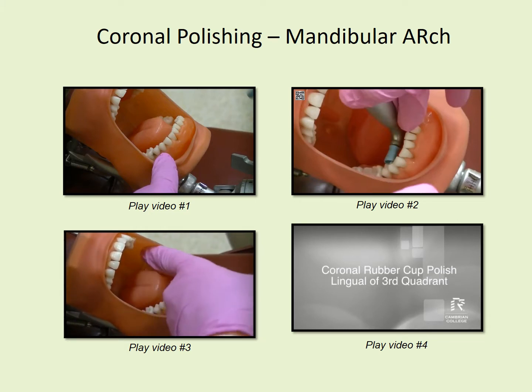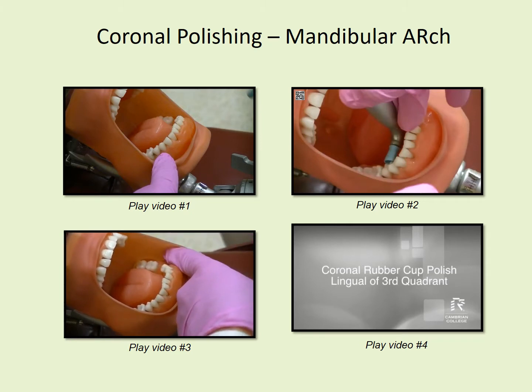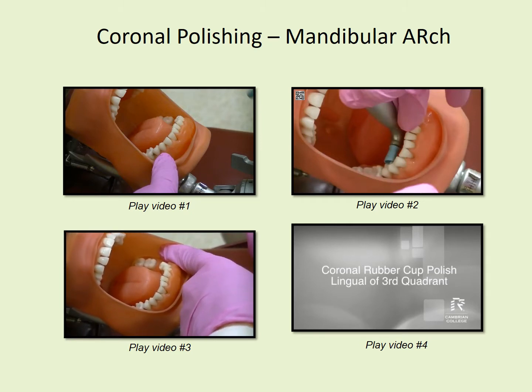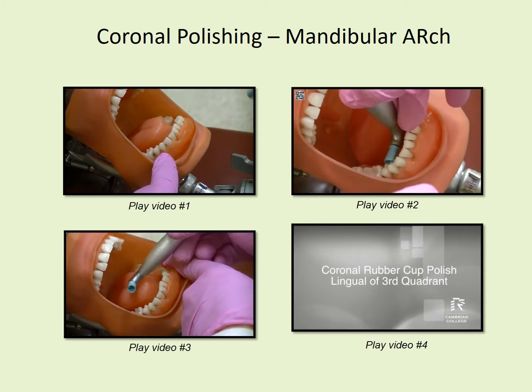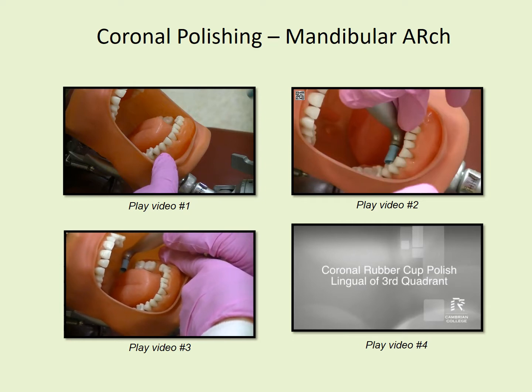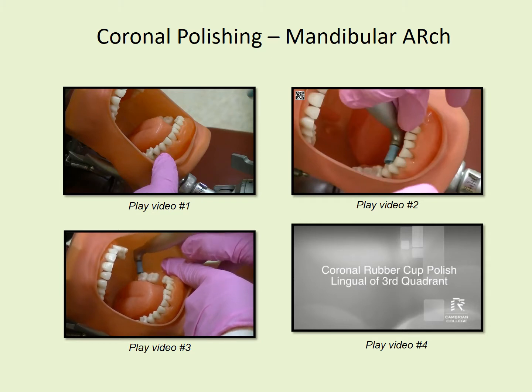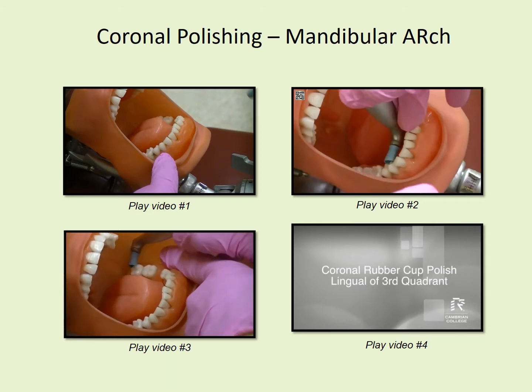Polish in your cup. You're going to retract and put your left hand index finger along the buccal side or gingival area of the third quadrant posteriors. Go in with the polishing handpiece, retract with the back of the handpiece, and your strokes are the same. Pat, pull.